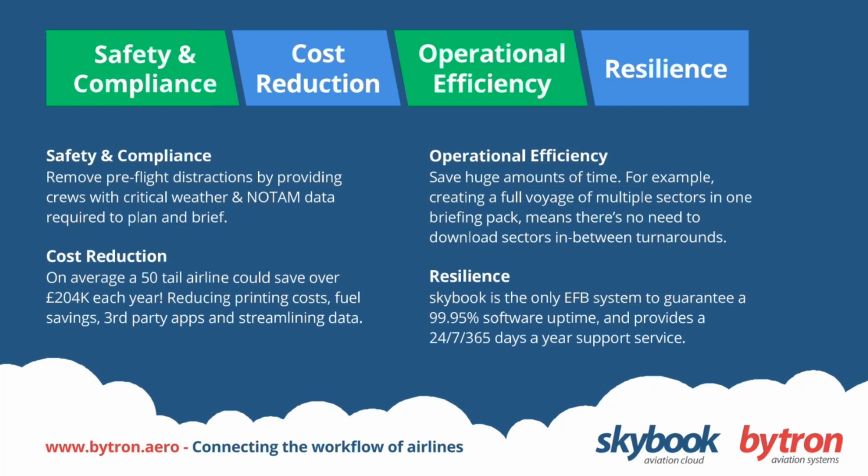So operational efficiency, save huge amounts of time. For example, creating a full voyage of multiple sectors in one briefing pack means there's no need to download sectors in between turnarounds.